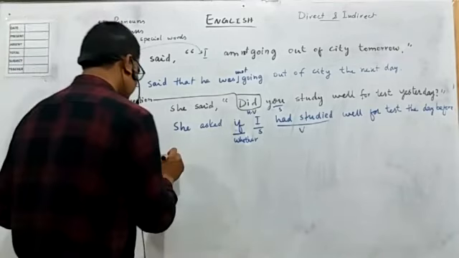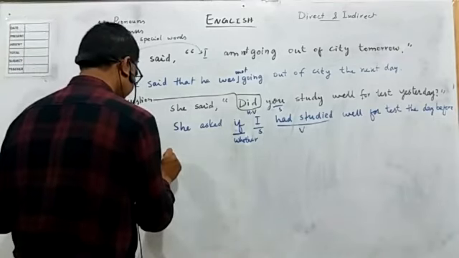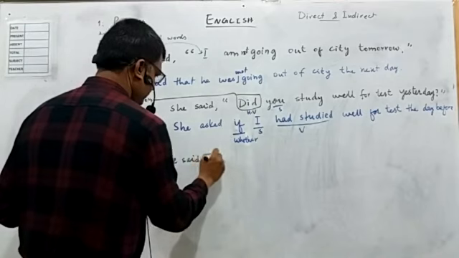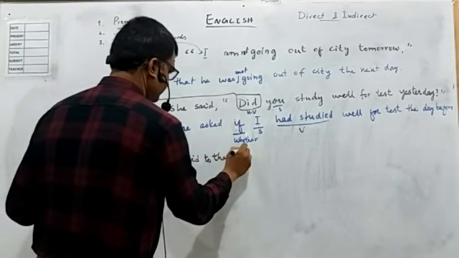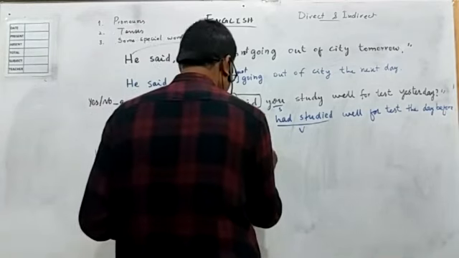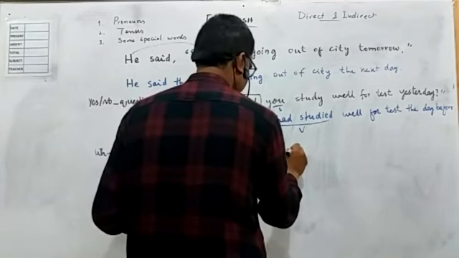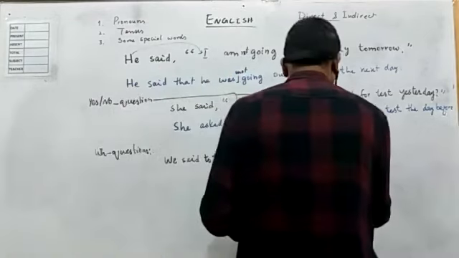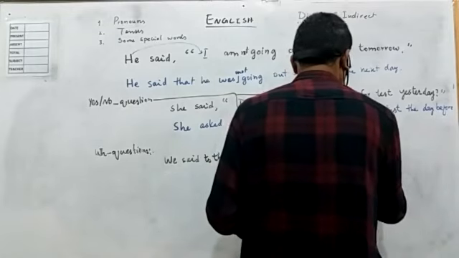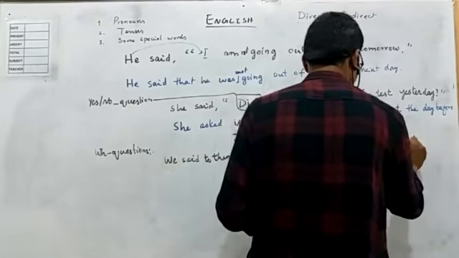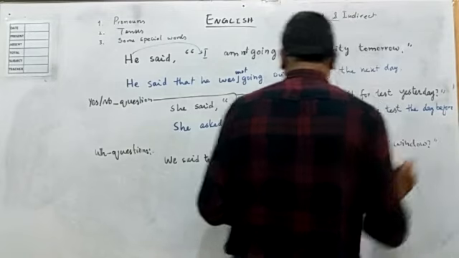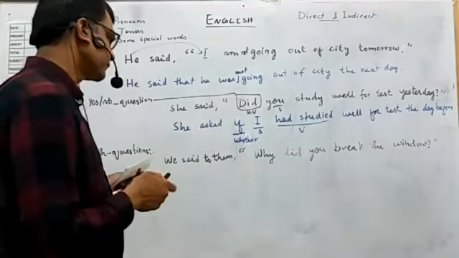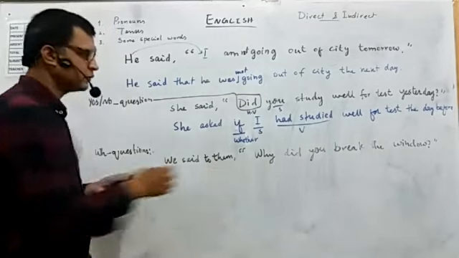So, for instance, we said to them, why did you break the window? For example, why did you break the window? Okay. So, we said to them, why did you break the window?